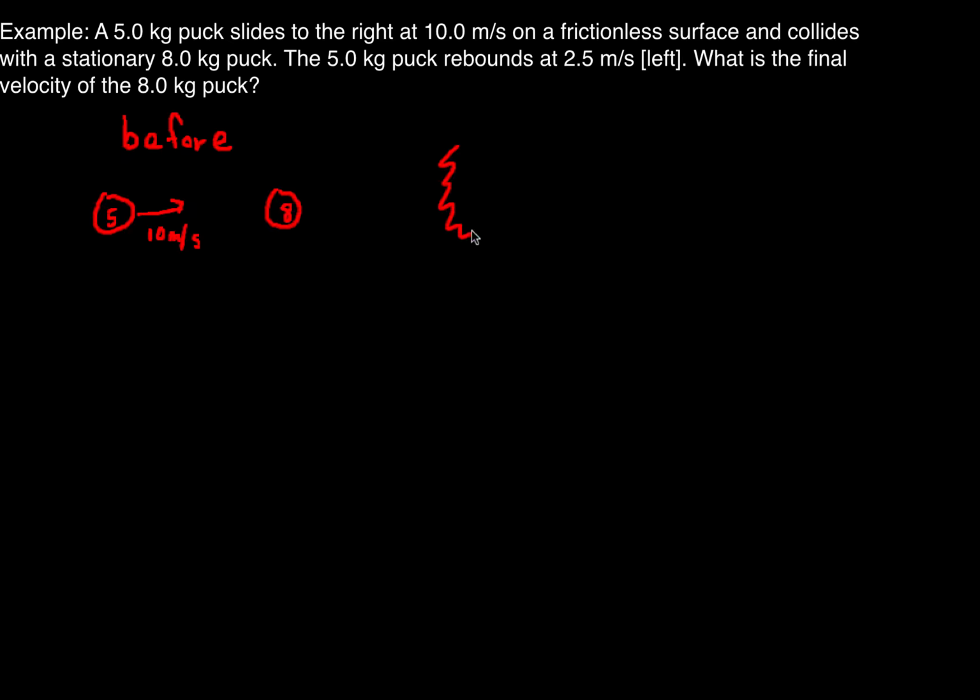Now, we then have a collision, and after the collision, the motion changes. The 5 kilogram puck is now going 2.5 meters per second to the left, and the 8 kilogram puck is probably also moving, and we want to find out how.